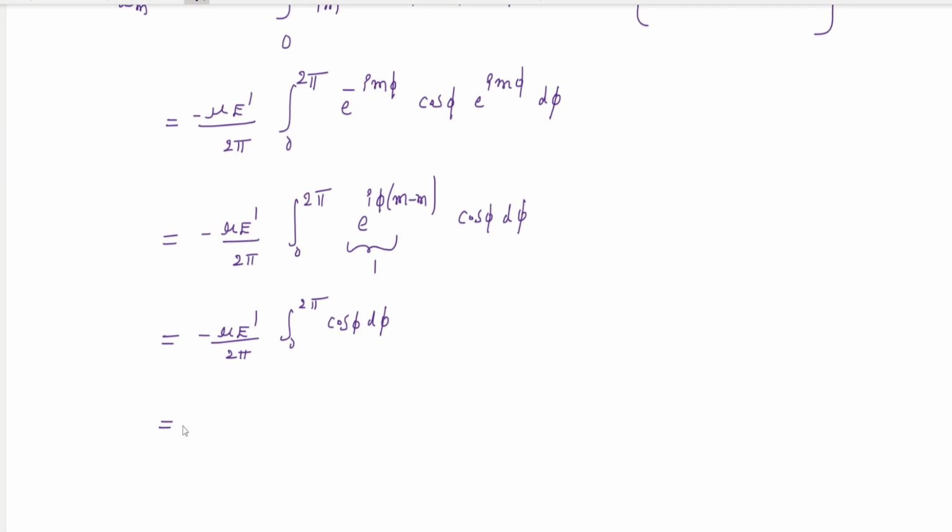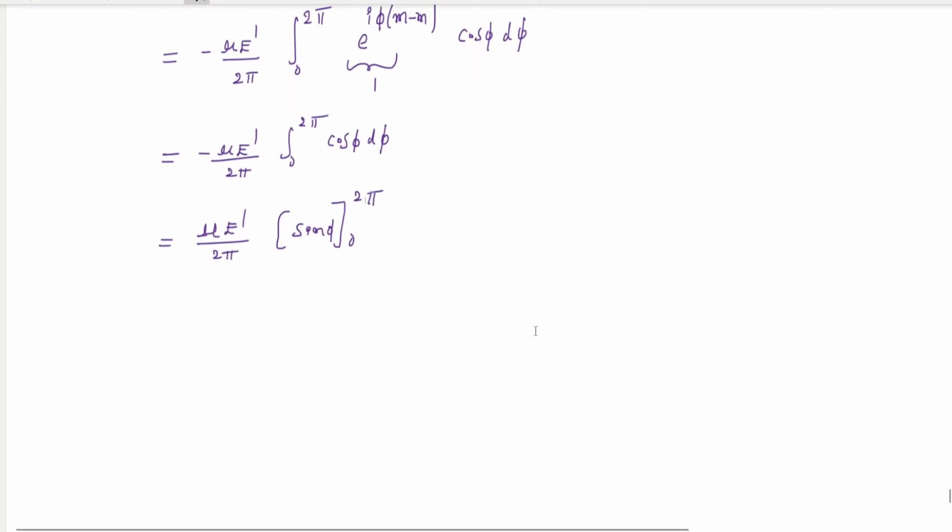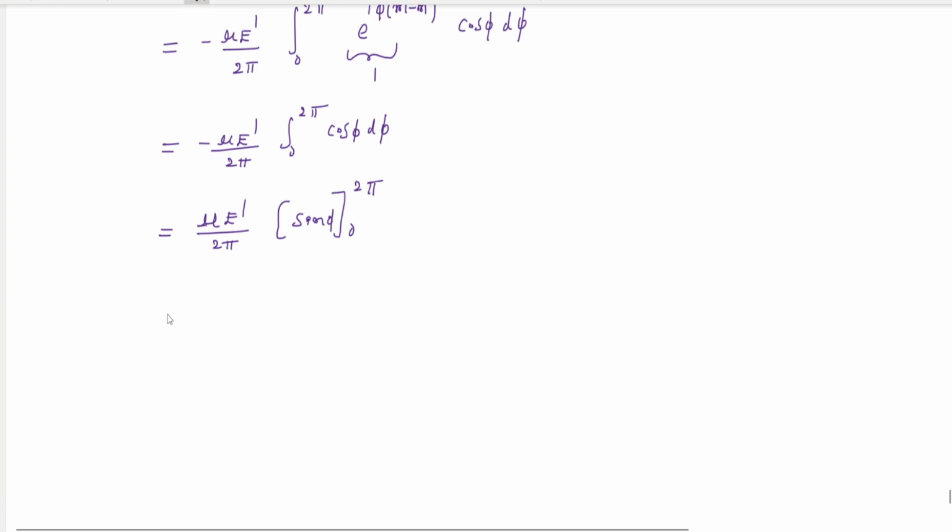If you apply integration, then you get sin phi, right? So minus into minus gives plus mu e prime divided by 2 pi, sin phi from 0 to 2 pi. Sin 2 pi value is 0, sin 0 equals 0, right? Therefore, this entire term equals 0.